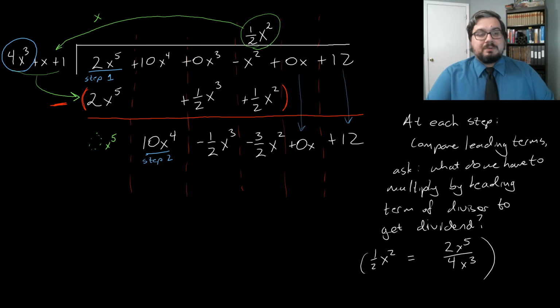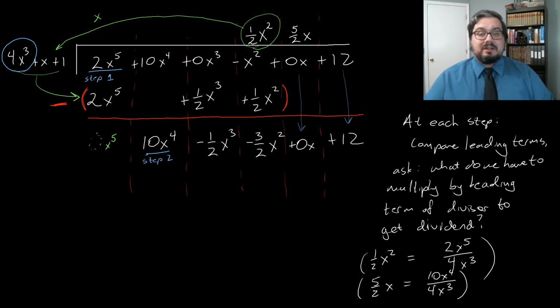First of all, we see that we would need to multiply x cubed by a single x in order to get the powers to match up. And then in order to multiply something by 4 in order to get 10, we need to multiply by 10 over 4, or 5/2. So we have 5/2 x is equal to 10x to the fourth over 4x cubed.